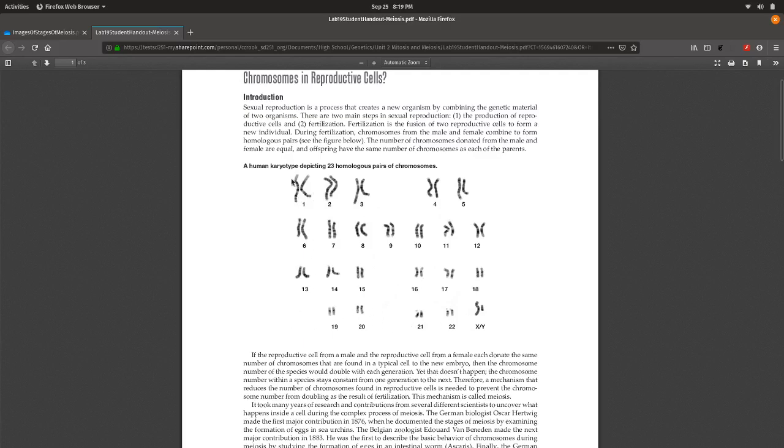We also know that each of our diploid cells, meaning double the DNA, has, when we're looking at these chromosomes, one that comes from our mother and the other one from our father. So one's maternal and the other one's paternal.